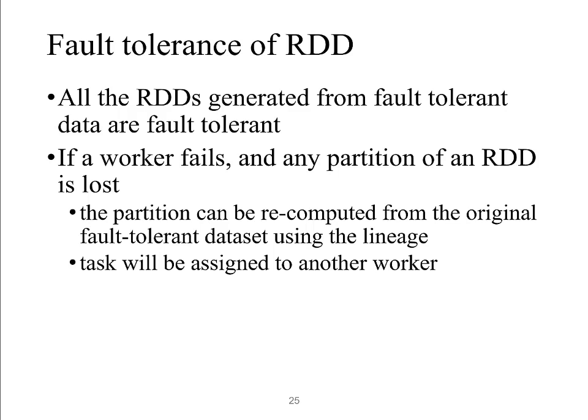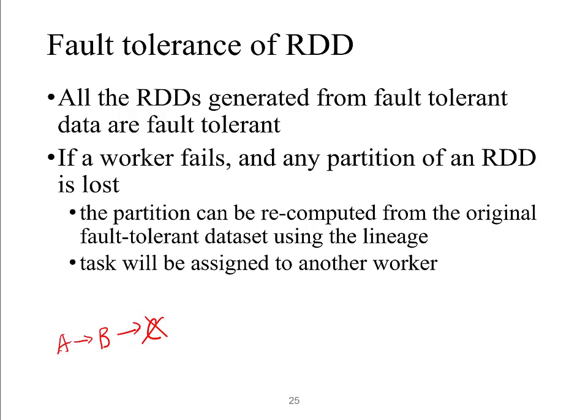So basically, if a particular node fails in the middle of, let's say, operation C, we know that C is from B and B is from A.